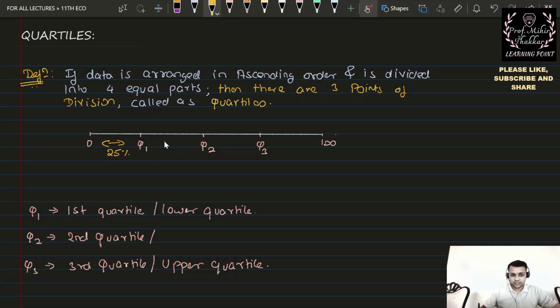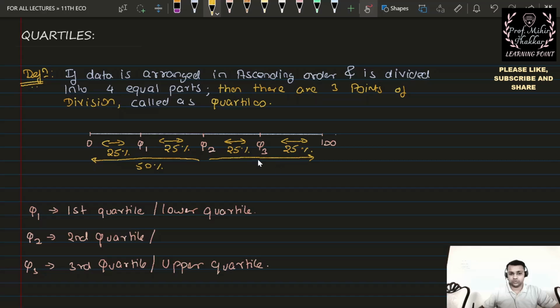Now guys, when you are dividing the data into four equal parts, then obviously each part should consist of 25% of the total data. So in that case, if you observe below Q2, there is 25 and 25, 50%.